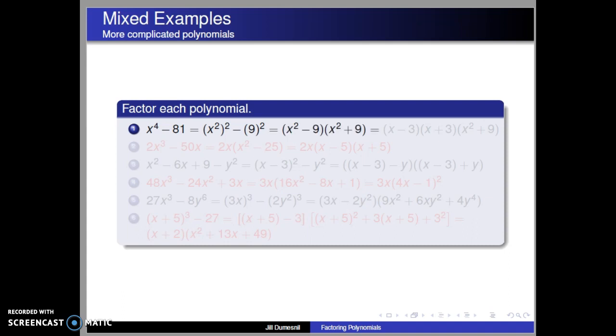This will factor as an x squared minus 9 times an x squared plus 9, and we notice that x squared minus 9 is also a difference of squares that can be further factored into x minus 3, x plus 3. X squared plus 9 is a prime factor and doesn't factor any further. The sum of perfect squares will always be prime.